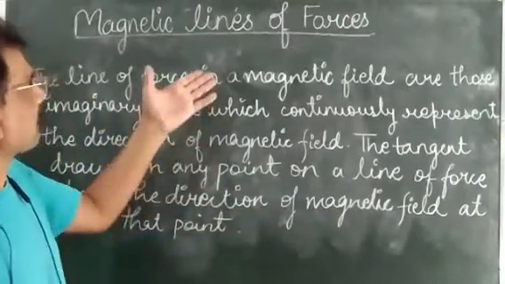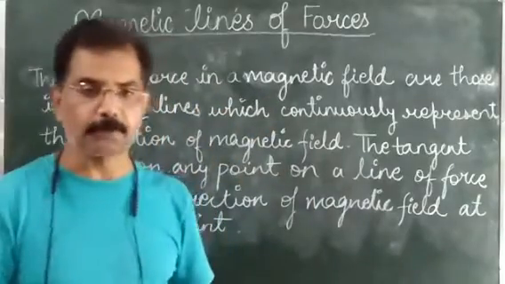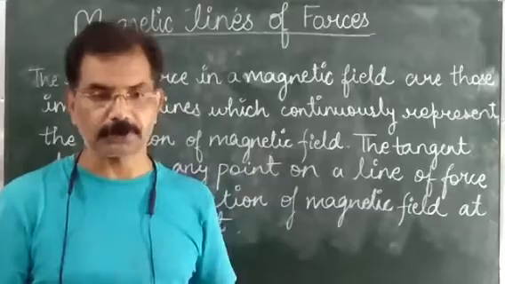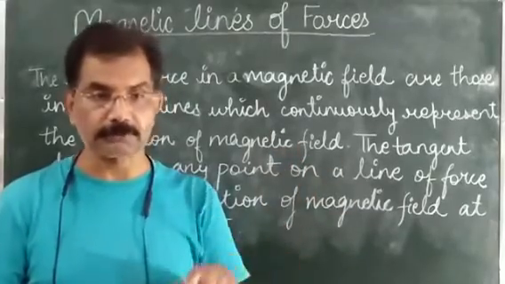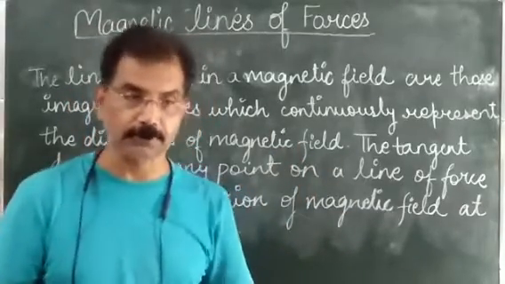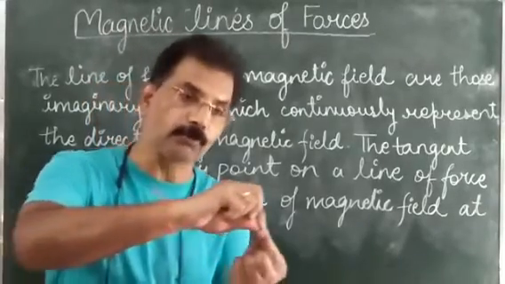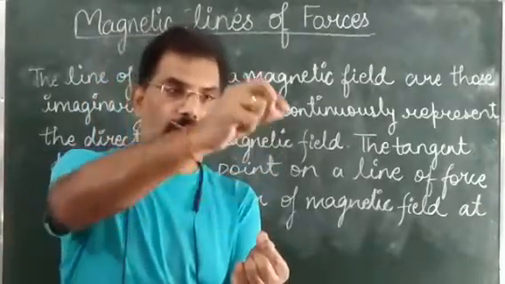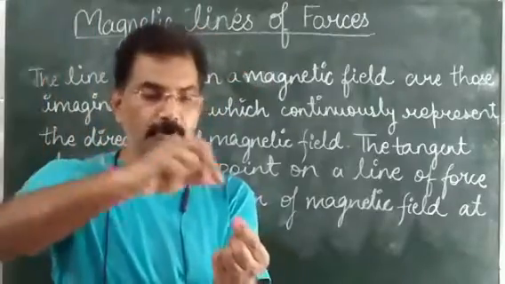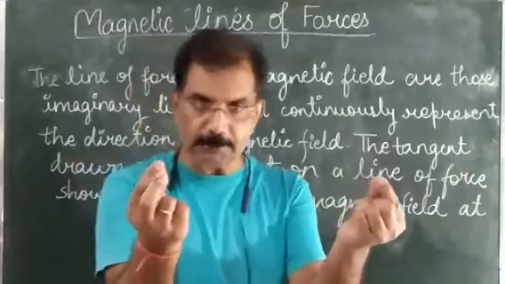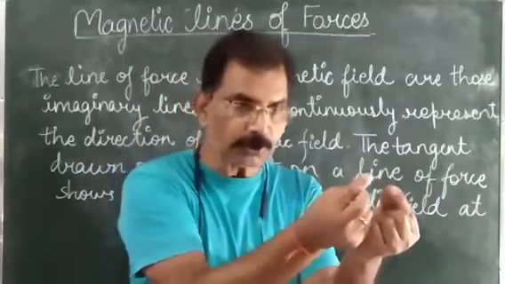So in this way we can define the magnetic line of forces and the properties of the magnetic line of forces. I hope all of you know the properties of the electric line of forces. Now you see what is the property of the magnetic line of forces. A magnetic line of force will always start from the north pole, form a loop or form a curve, come to the south pole, and again come back from the south pole to the north pole.